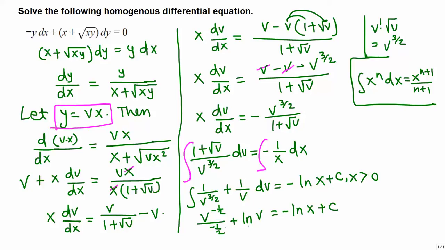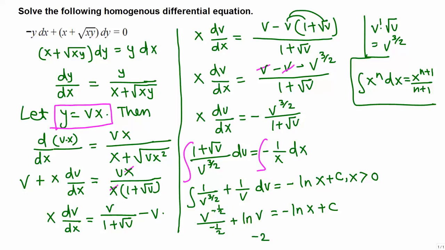Now we just replace v by y over x using our substitution, and that's the final answer. So negative 1 half becomes negative 2 over 1 in the front, so that is negative 2.